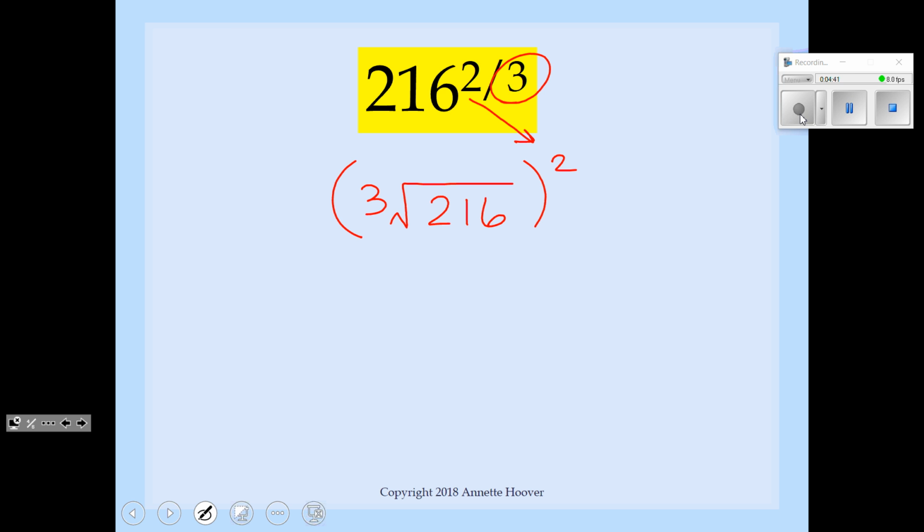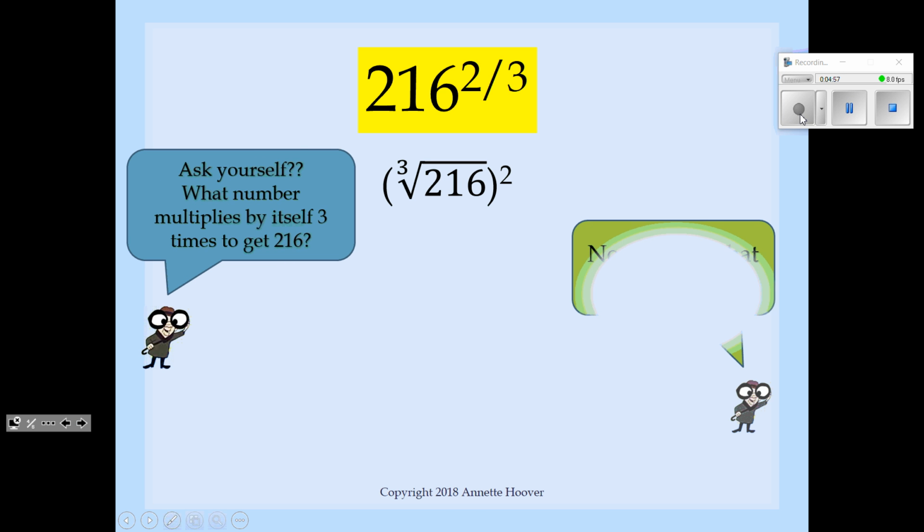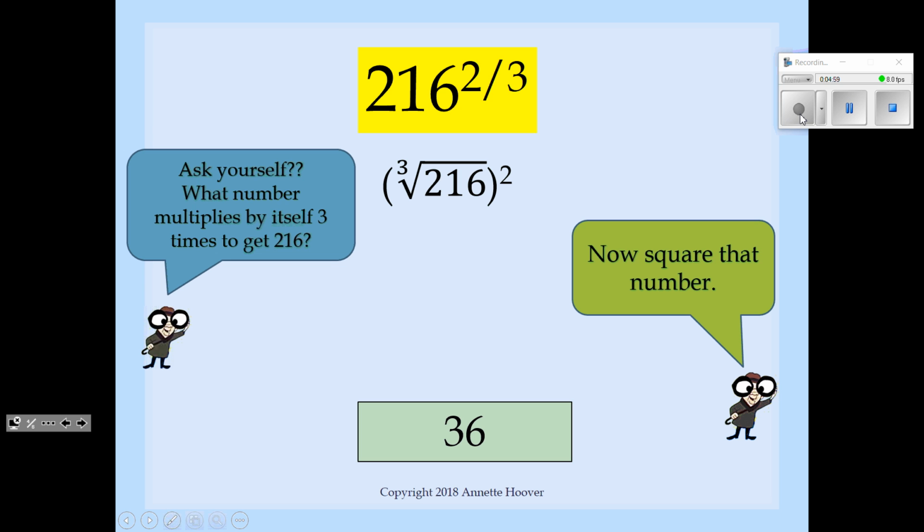According to PEMDAS, we always evaluate the parentheses first. So first we want to find out what number multiplies times itself 3 times to get 216, and then we're going to square it. So what number multiplies times itself 3 times? It would be 6, and then we take 6 and we square it, and we get 36.